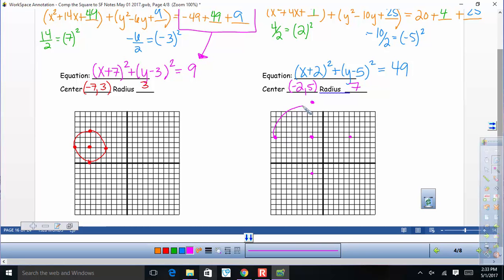And then make sure your circle is somewhat rounded. Doesn't have to be perfect, but it cannot be a square. Okay, so do y'all feel good about completing the square so far? All right, flip to the other sheet for me.